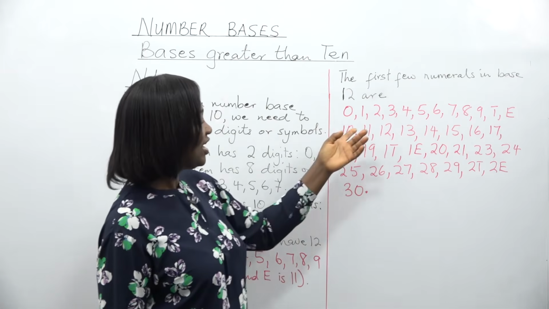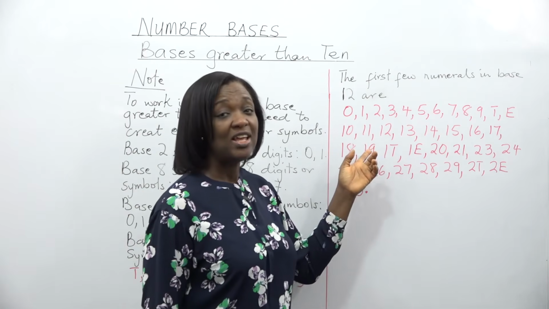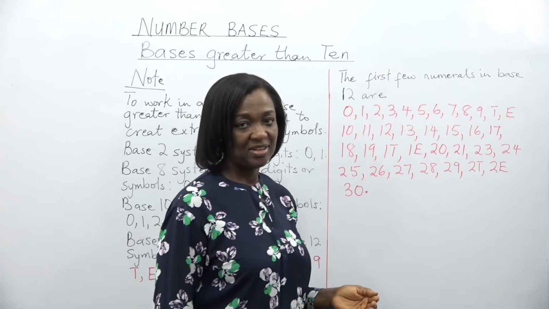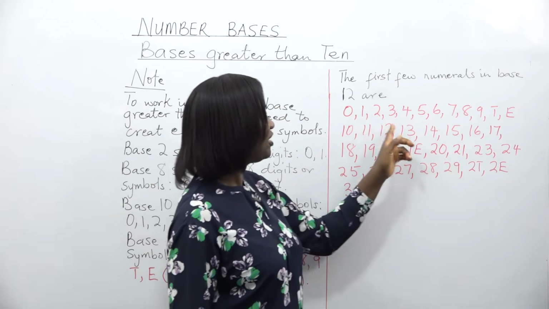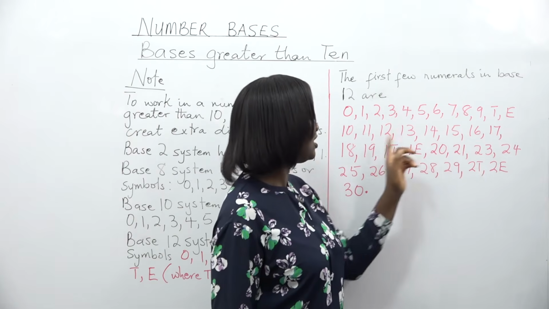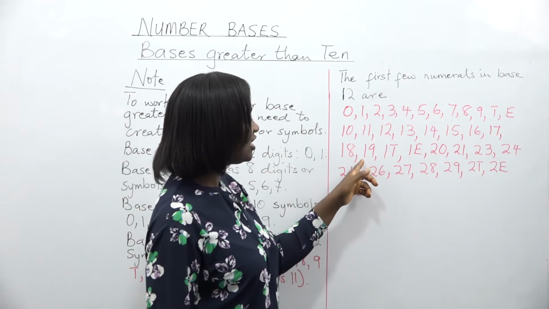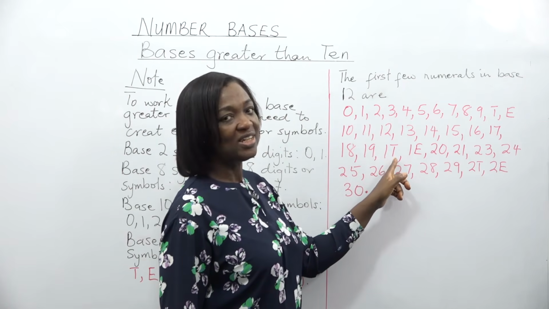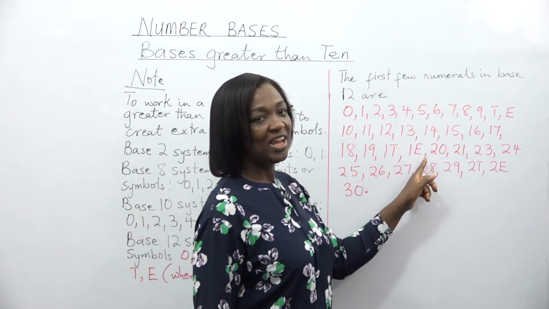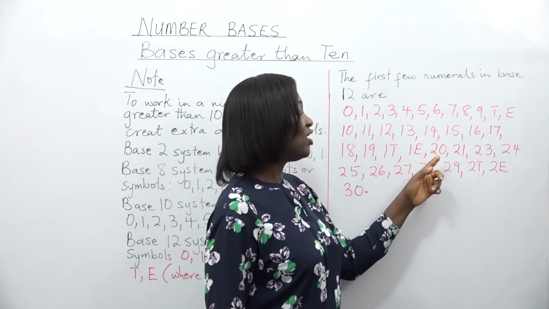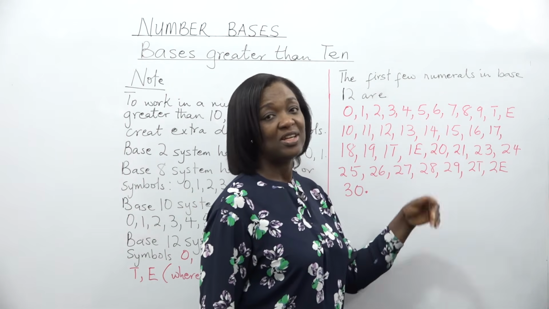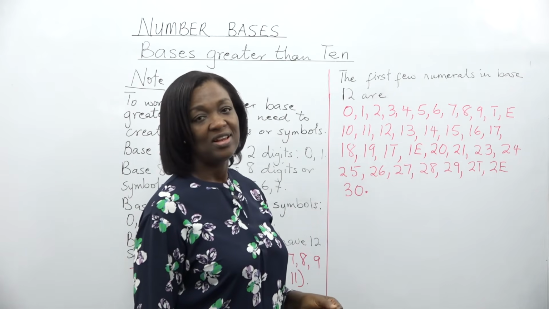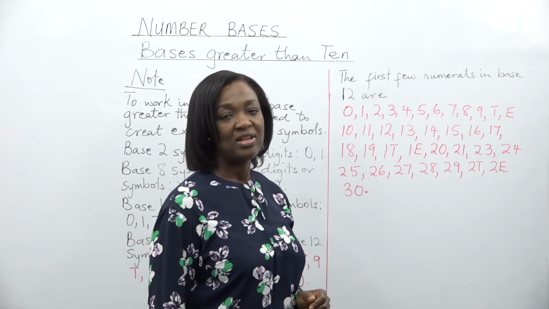And then 11, so this is actually 13 in base 10. All right? So 11, 12, 13, 14, 15, 16, 17, 18, 19. And then 1T and 1E before we get our 20 in base 12. And so on.